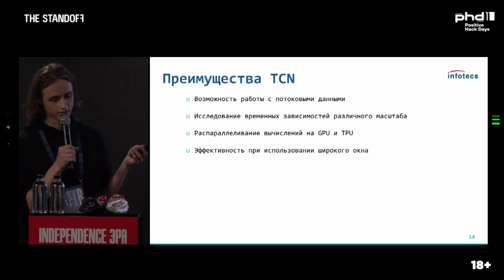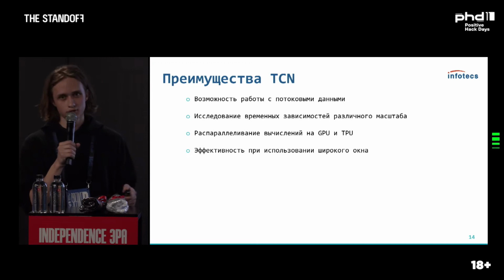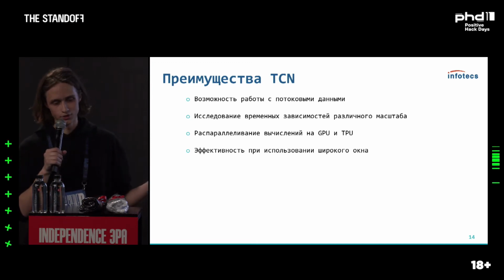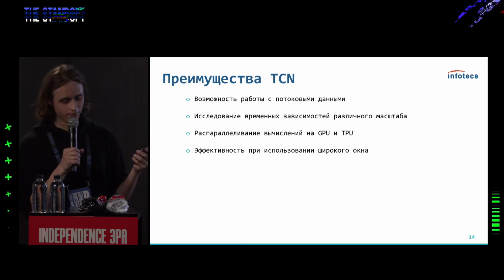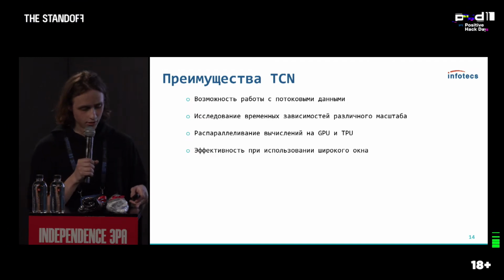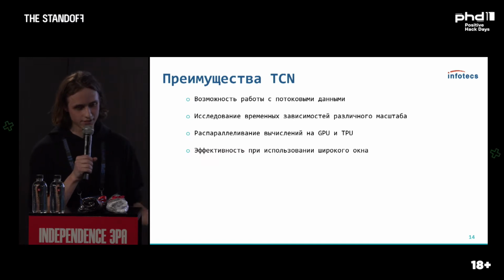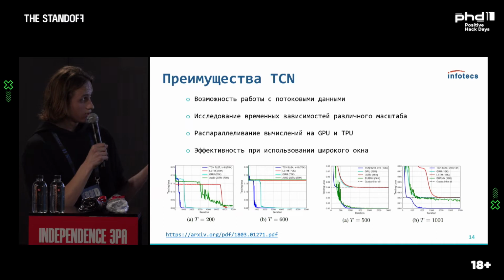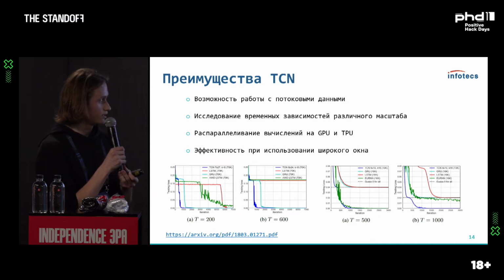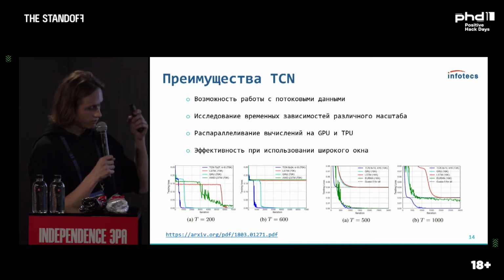We can use the wide window here in comparison with the recurrent neural networks, which can be trained in a worse fashion. They also have some problems with the attenuation, which prevails there. And here you can see it in comparison.